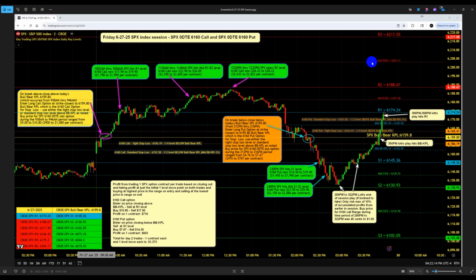Your standard stop loss would be this midpoint level if you were taking the entry here. And the same thing down here. If you're taking an entry near here, then at the S2 level, then your tight stop loss would be a quarter level below S2, taking this level and this level, adding it, totaling it, dividing it by 2, where your standard stop loss would be the mid S2, S3 below this level here.